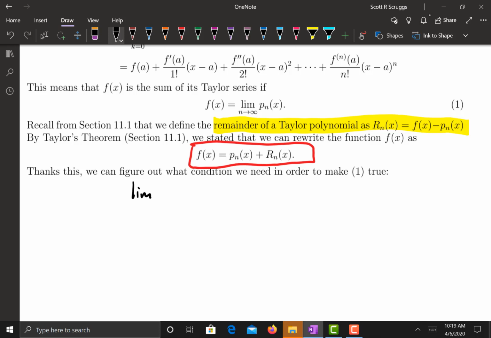So if I take the limit as n goes to infinity of f of x, well, by what we have in the box, that's the same as taking the limit as n goes to infinity of the nth order Taylor polynomial plus the nth remainder.